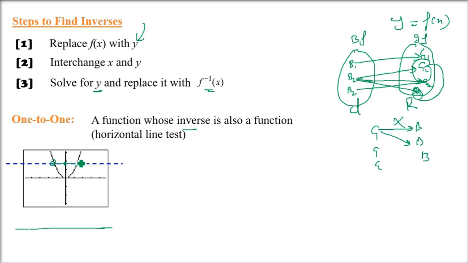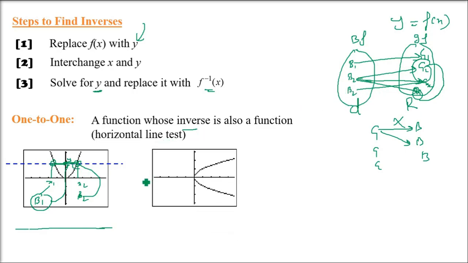For example, see here, this is the y value. For this graph, we have 2 x values giving a single y value. That is, one boyfriend, another boyfriend, they both have a single girlfriend. And this is not 1 to 1. One girlfriend cannot have two boyfriends, one boyfriend cannot have two girlfriends. This is not possible in 1 to 1.